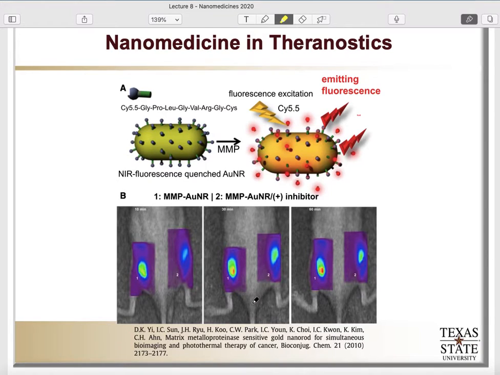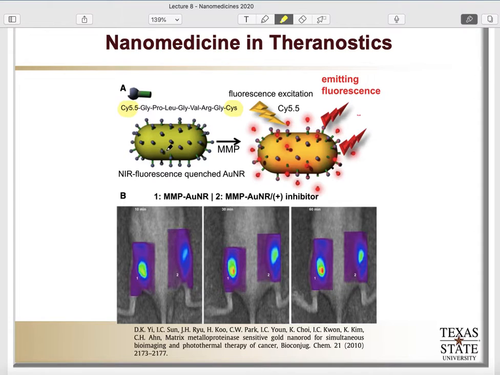In the next nanomedicine, we have a theranostic system. What we have is also a polypeptide right here that has a Cy 5.5. This is a fluorescent molecule. On the right-hand side, we have cysteine. Cysteine is a peptide, or an amino acid, I should say, that contains a thiol group. And so that thiol group would enable us to attach this polypeptide to a gold nanoparticle, in this case, a gold nanorod.